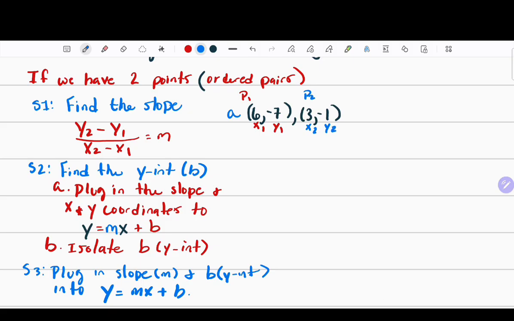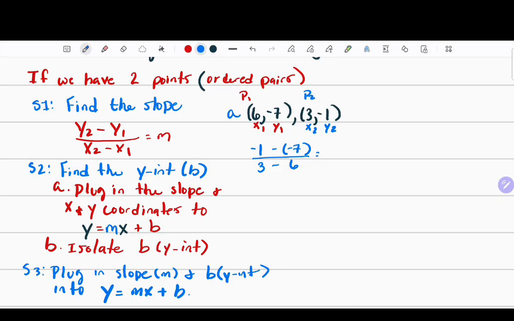All right, let's plug it in. Y sub 2 is -1, minus y sub 1, -7. And then x sub 2 is 3, the minus is still in the problem, and x sub 1 is 6.